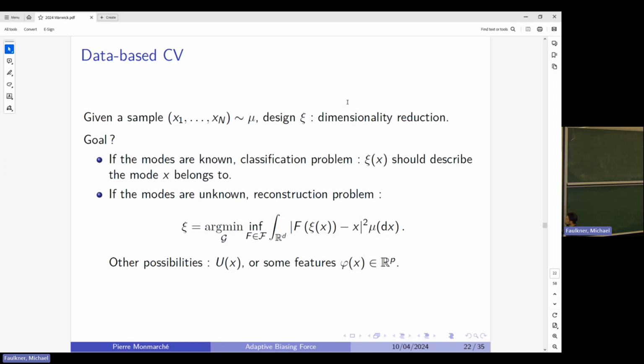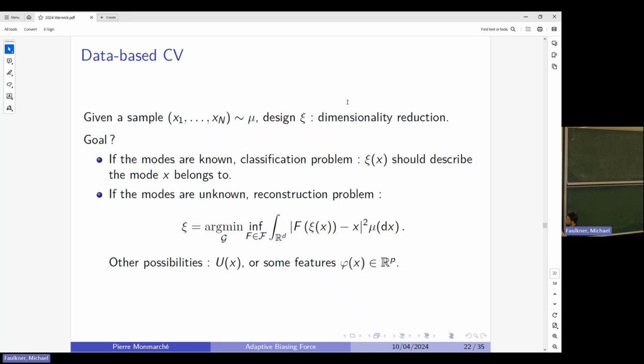I'm saying that psi of x is such that, if I take a reconstruction function, I take the best reconstruction that I get of x, given only the information psi of x. So this is how much I can recover of x, and I take the best f, and I take the best xi.